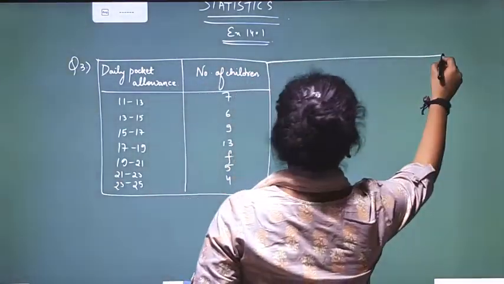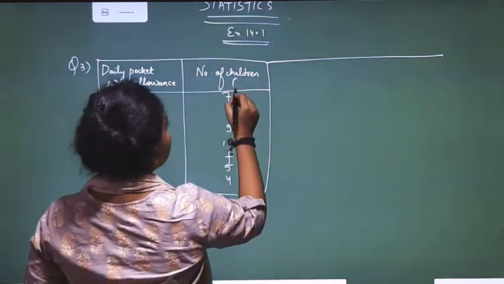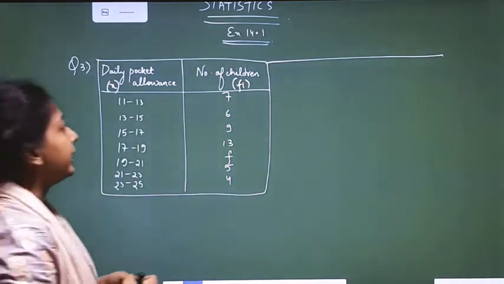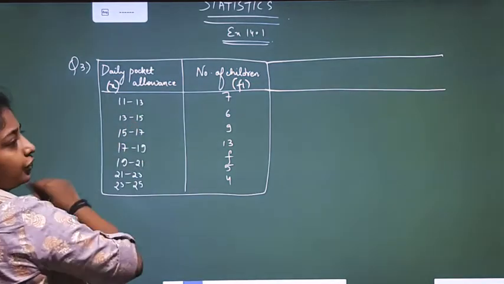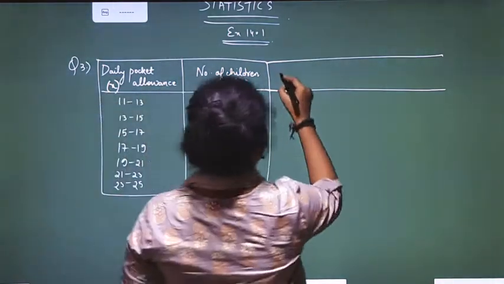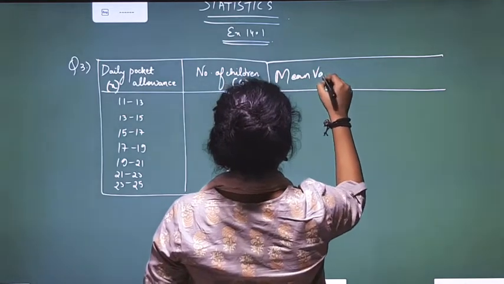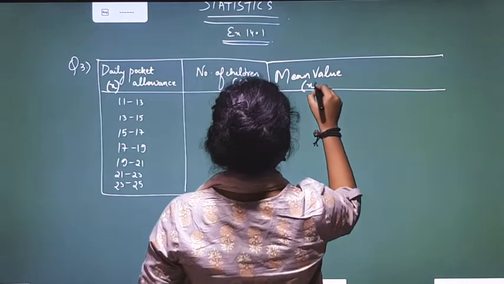Here we can take this value as x, we can take this value as fi, frequency we are taking as fi. Next we have to find the mean value from 11 to 13, 13 to 15. This column is xi.